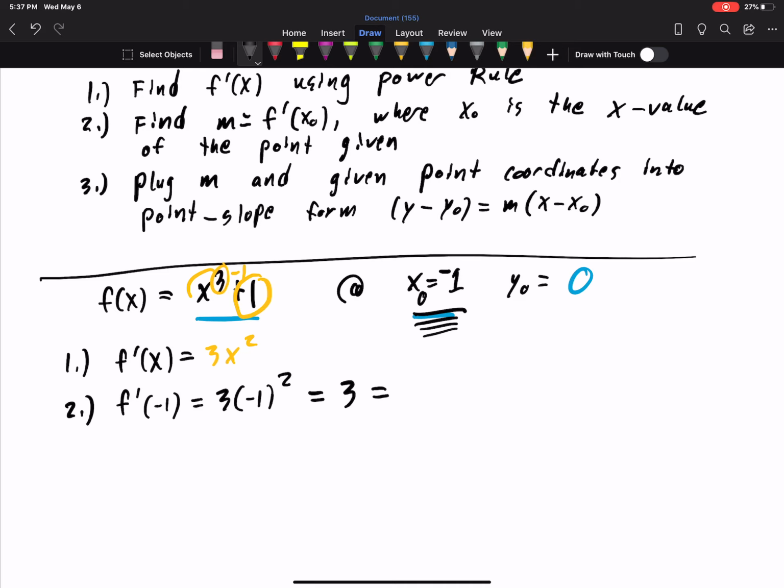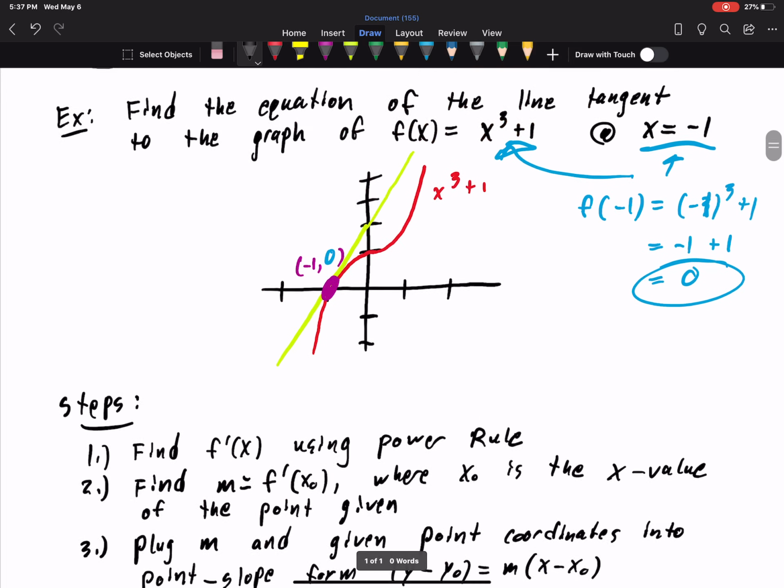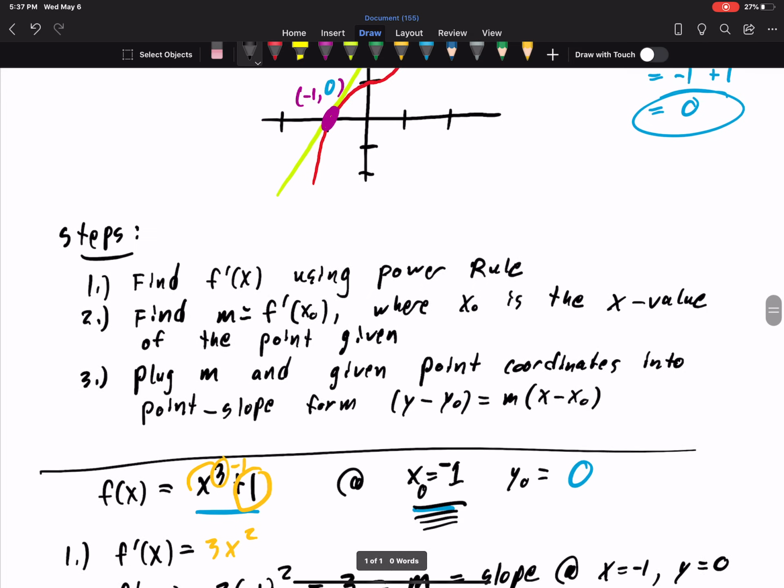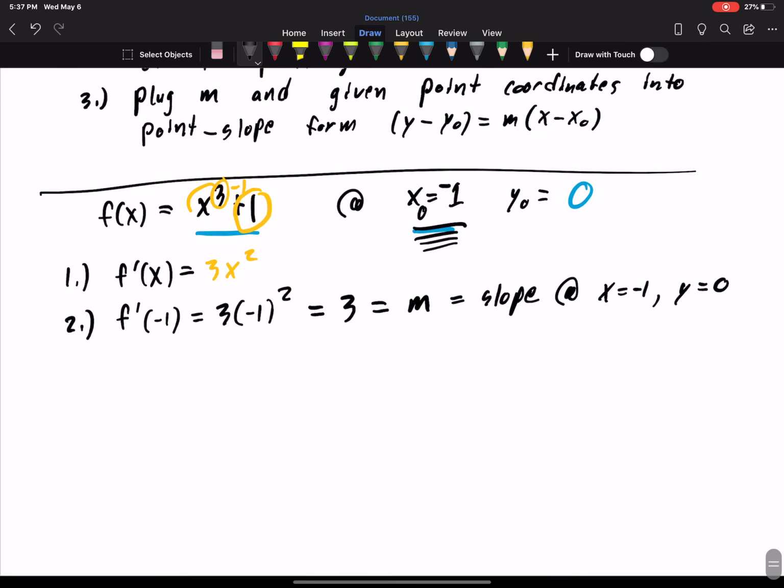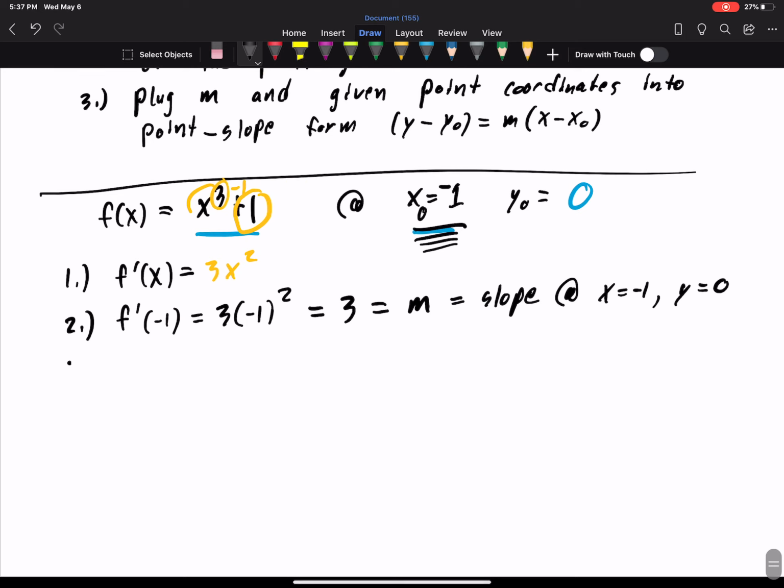So this is the slope at the point x equals minus 1 and y equals 0. That tells you the slope of the red graph above, as well as the slope of the chartreuse tangent line. They'll have the same slope at that point. Okay, so we have 3.